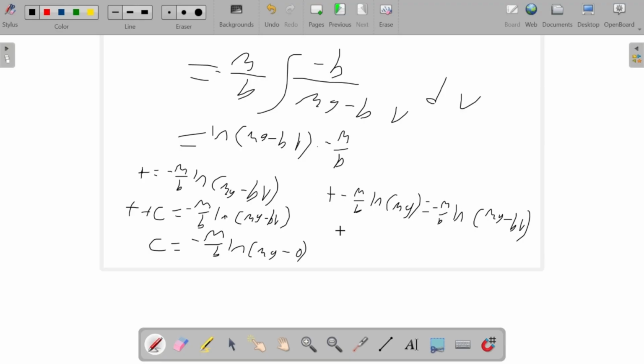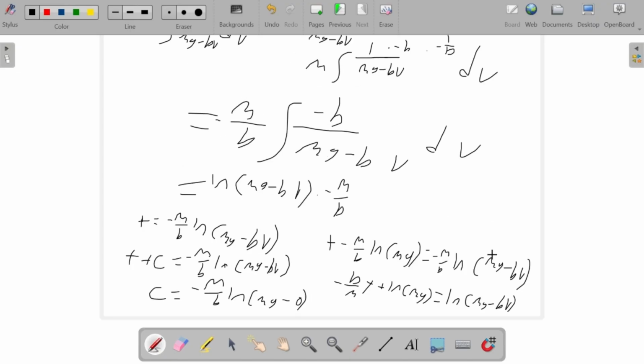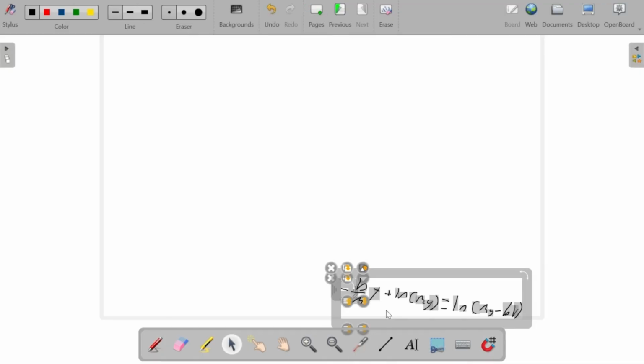And so we get that minus b over m t plus ln of mg equals ln of mg minus bv. And I'm going to take this over to the other side again. Next page.